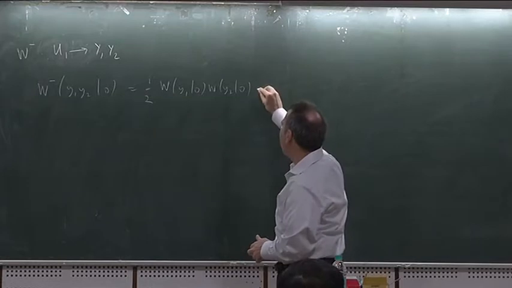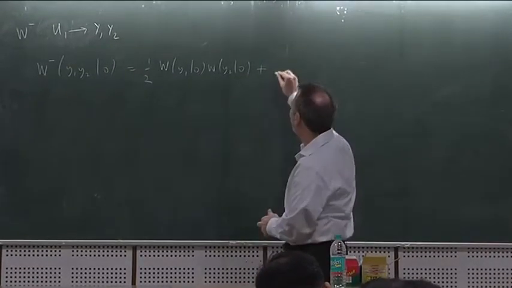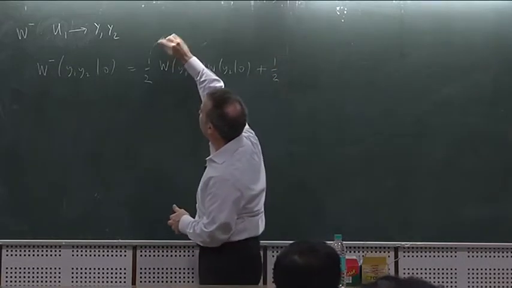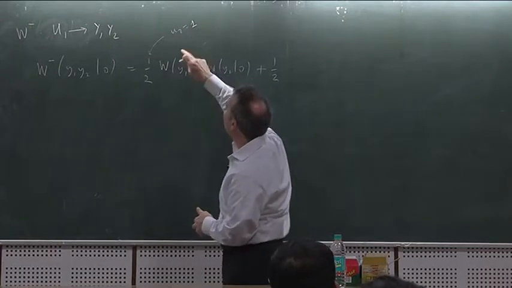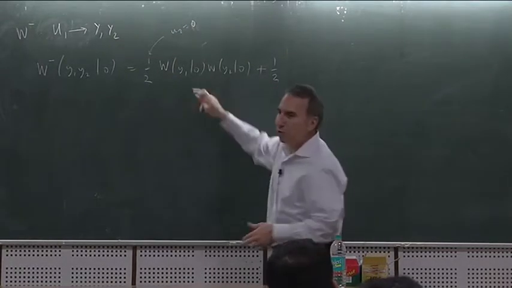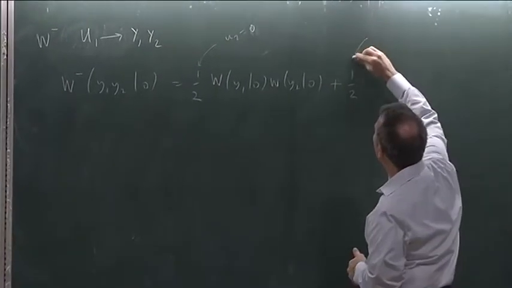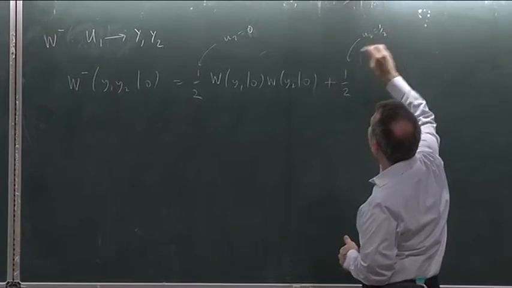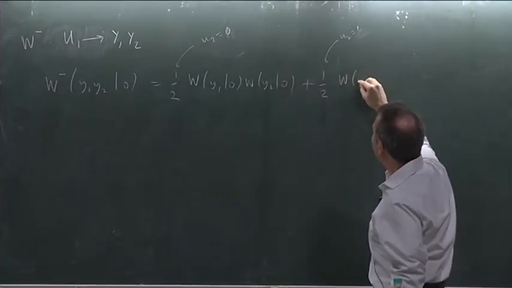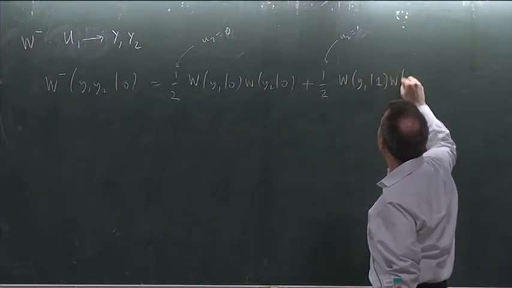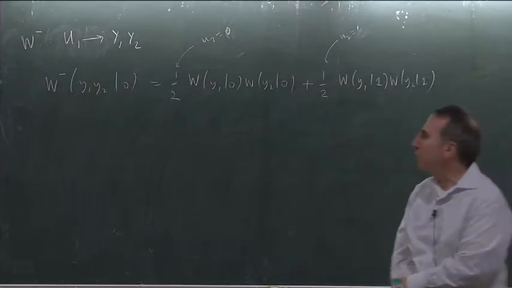The other possibility is that u2 is 1, again with probability half, in which case we are sending 1 and 1 to the channels.